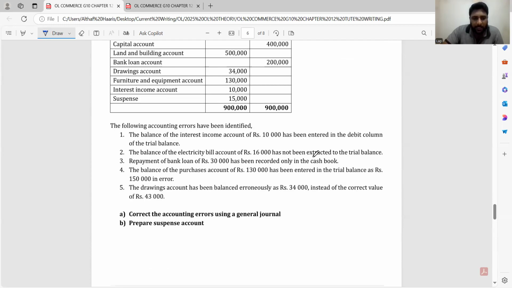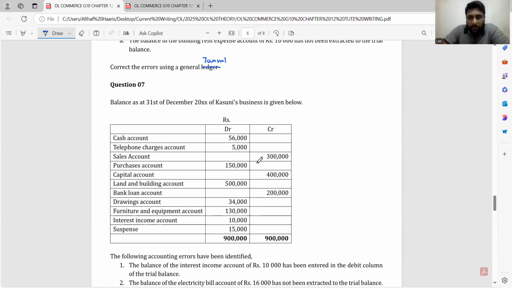So, what are they telling? First, correct the accounting entries using the general journal. Let's understand each and every mistake that they have done.